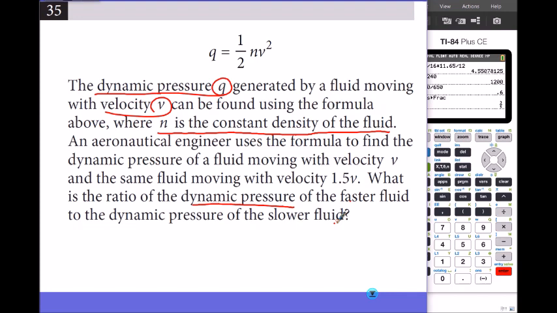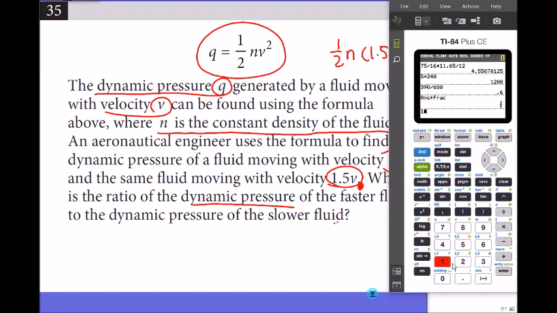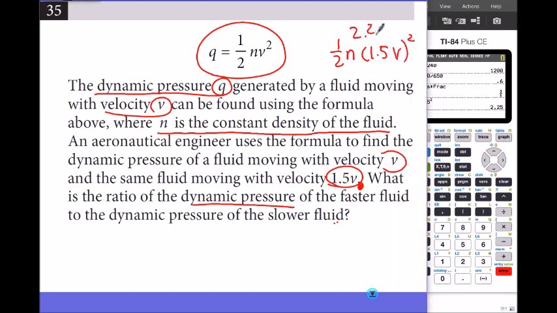The same fluid moving with 1.5 V, so that is the faster velocity, right? So you plug in 1.5 V, all the other things are the same. So this is the slower. Now it is half of ρ times 1.5 V squared, which becomes 1.5 squared, 2.25 V squared.